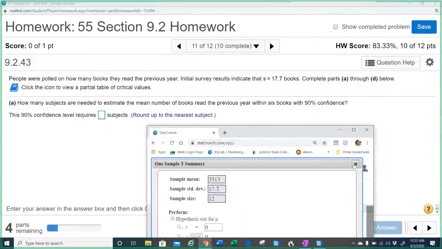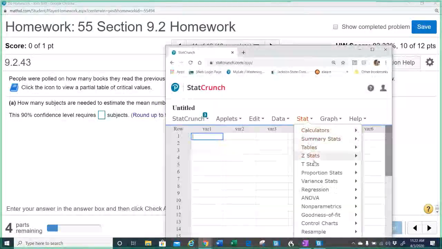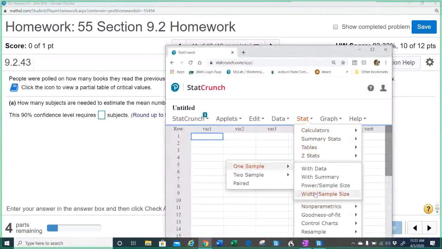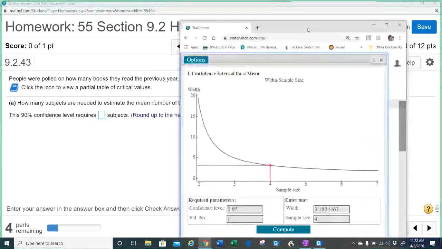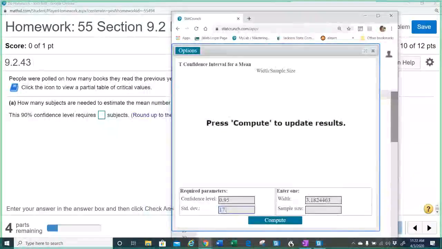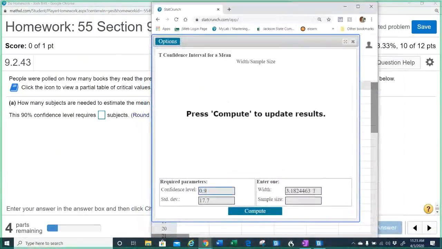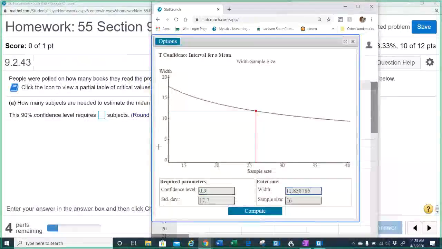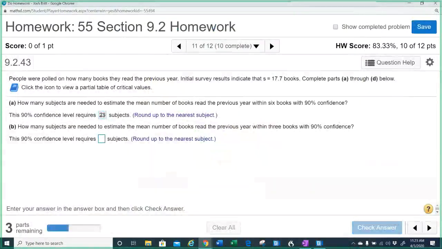Oh, sorry, wrong spot. Stat, T Stat, One Sample with Sample Size. So we've got 17.7 standard deviation. Confidence level 90%. And margin of error within 6 books, we're just going to double that to 12. Remember, always double the margin of error. So we get 26 people we would need to sample in that case.